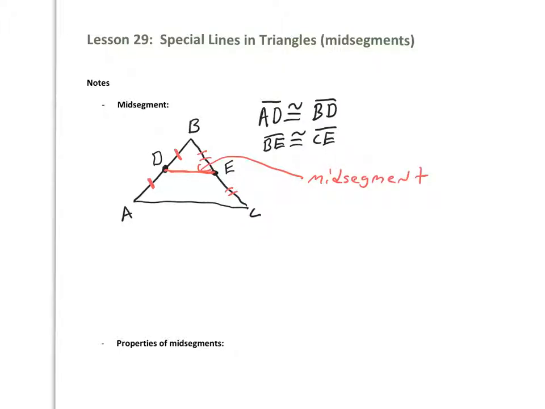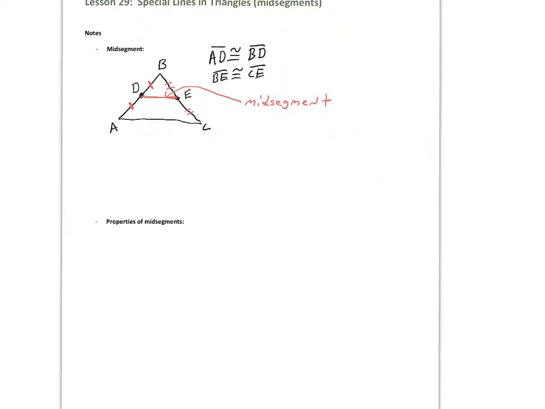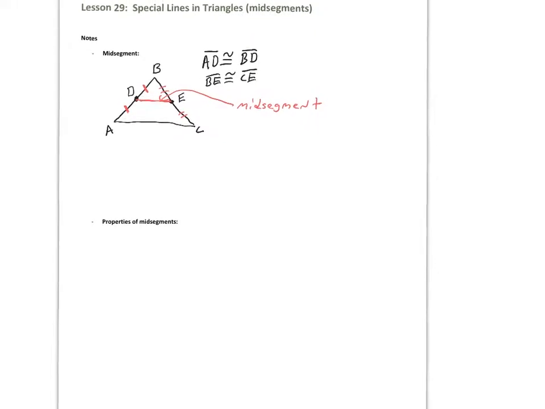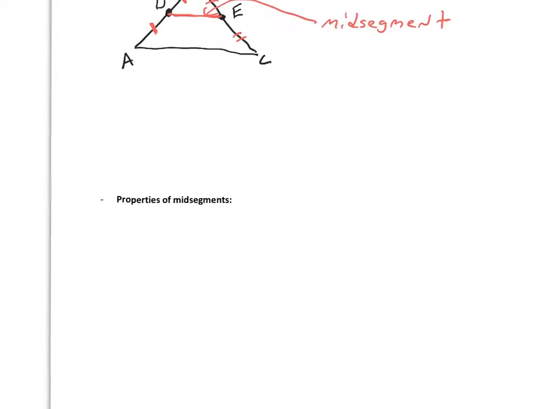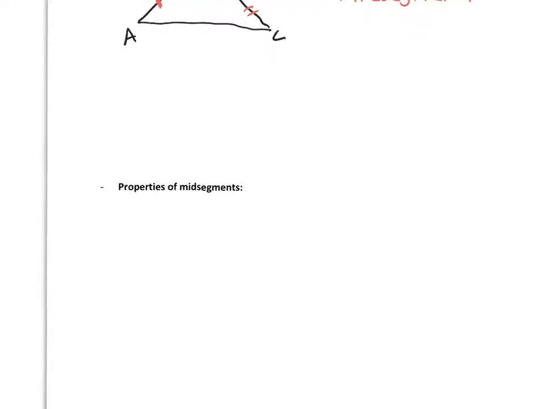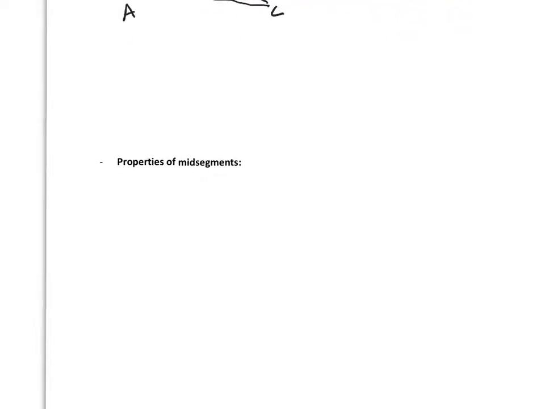Midsegments have some really interesting properties. I'm going to use the same triangle that we just drew and talk about some of them. The first property is that the midsegment is parallel to the third segment.